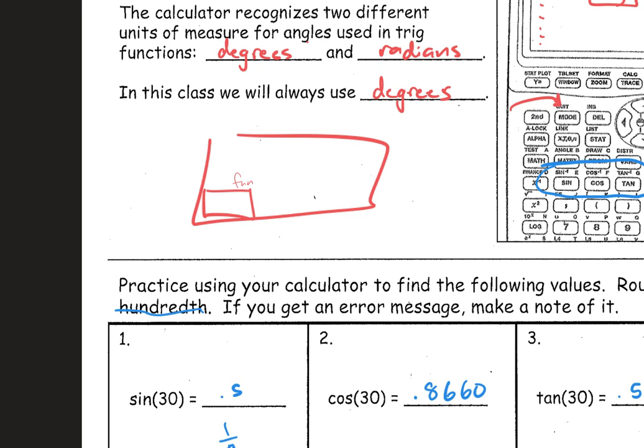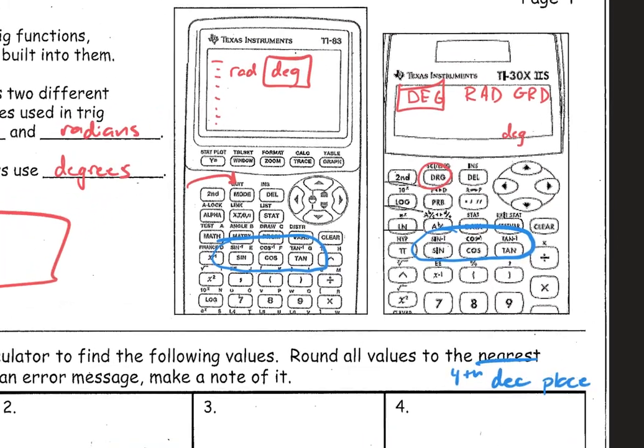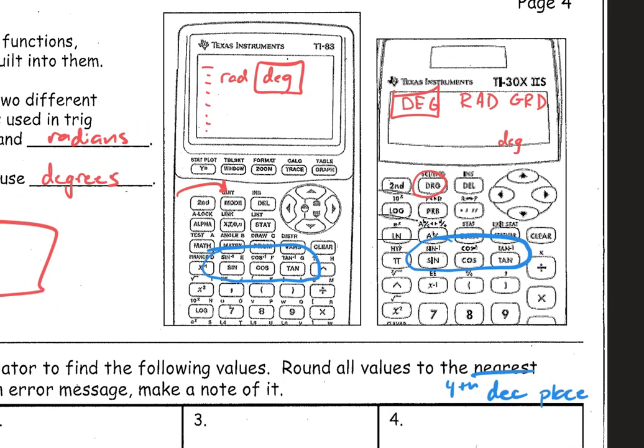Play around with it. Those are bad verbal instructions, but you do have to click a few buttons. It's not as obvious. With the TI-84 and the TI-83, you're going to hit this second button first. That acts as kind of a shift key, and it puts you to the top of the buttons. And that's how you're going to activate the inverse cosine, sine, and tangent.